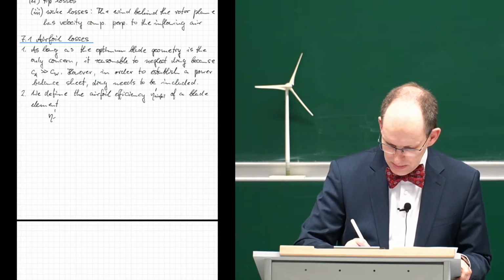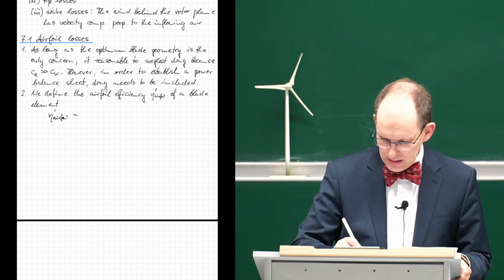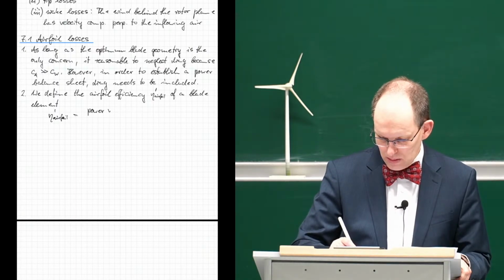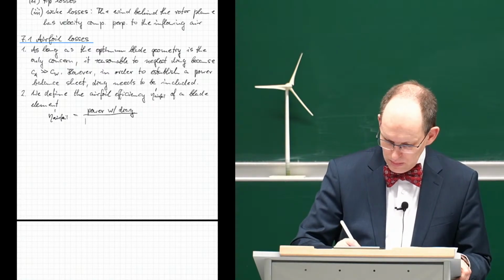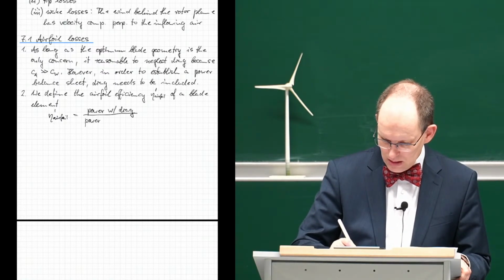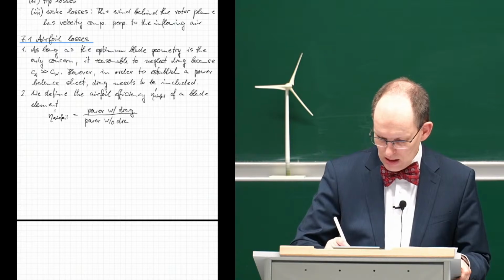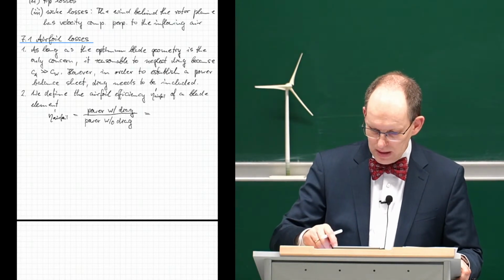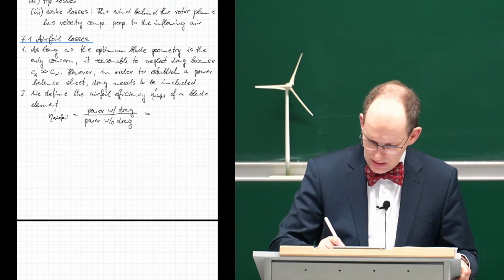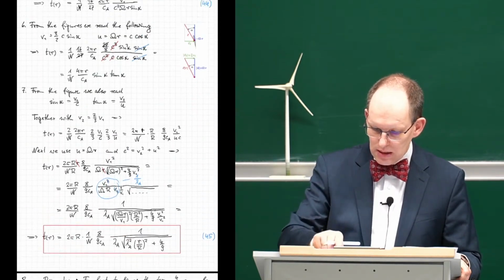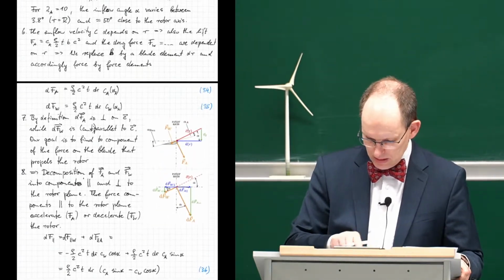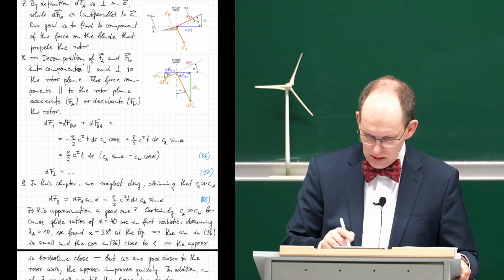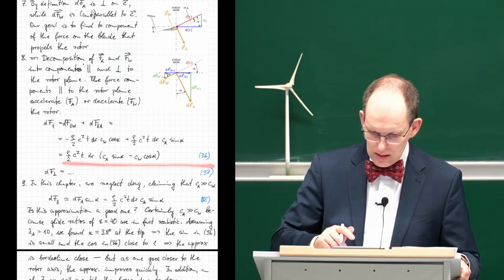So eta prime airfoil is power with drag divided by power without drag. And now we use this equation that I repeated already. This was equation 6.36 according to my notes. So let's check whether this is true. This is true. So look here, this is this equation.